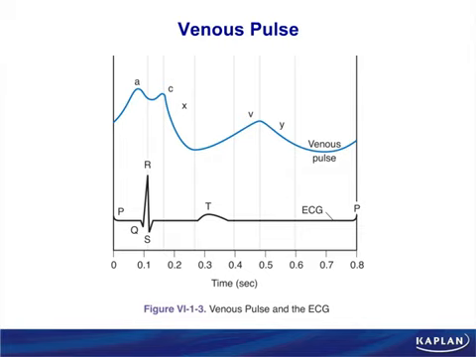Next, pressure starts to fall, then jumps back up again, and that generates what we call the C wave. So the second wave that we see is the C wave. And this is thought to be mediated by bulging of the tricuspid valve. Now let's back up. Remember, this is a venous pulse. Could also be called a right atrial pulse. So we're on the right side of the circulation.